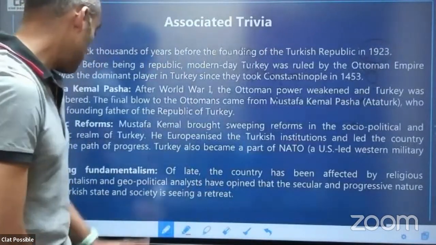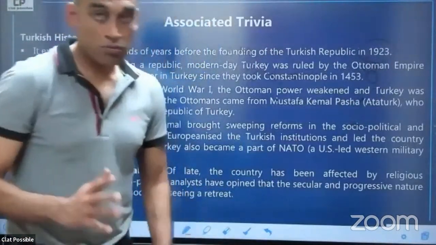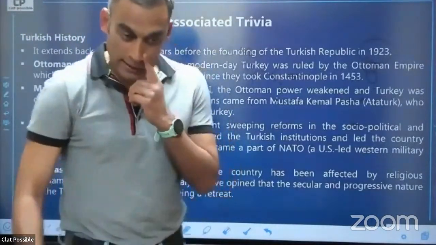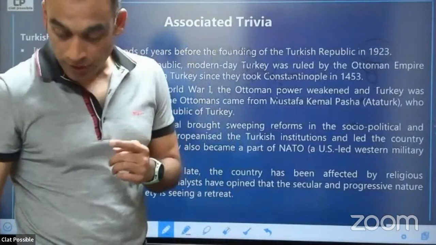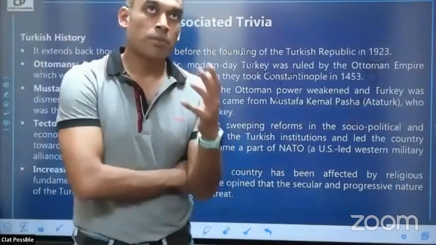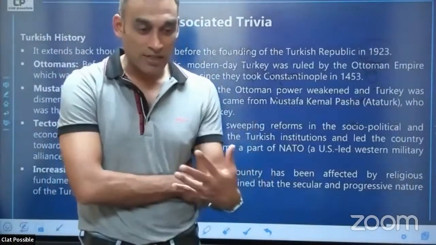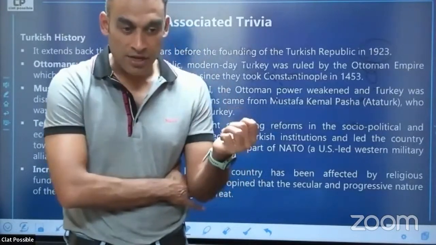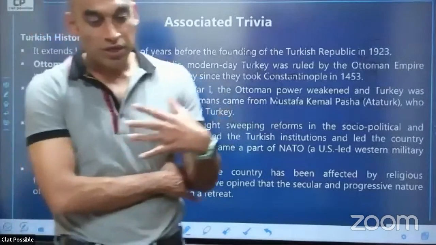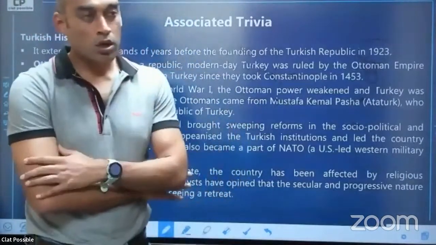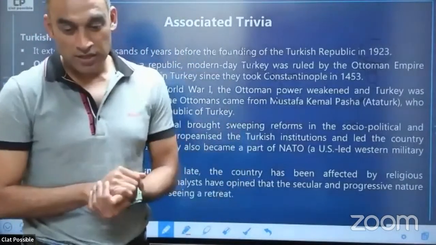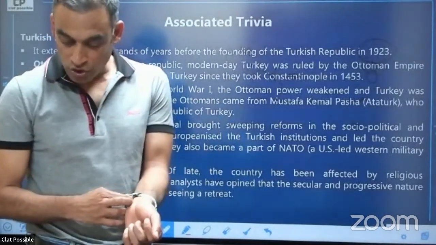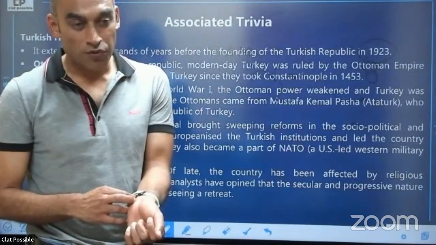And now, in fact, if you see, Turkey has a lot of Islamization happening of late. In 2014, the president Recep Erdogan has tried to Islamize a lot of things there, and you must have heard about this mosque there, which is called Hagia Sophia.